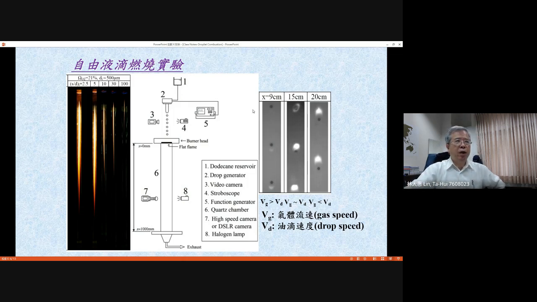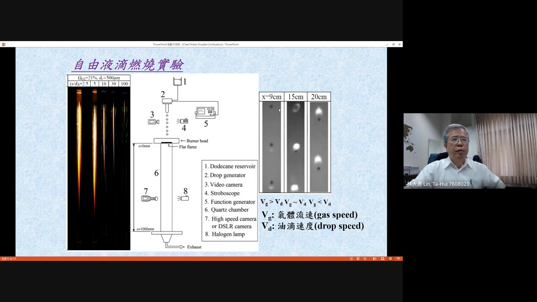The origin of the coordinate is x equal to 0 at the injection plane of your combustion chamber, and we continue to measure downstream up to x equal to 10 meters. This is the long combustion chamber we have.